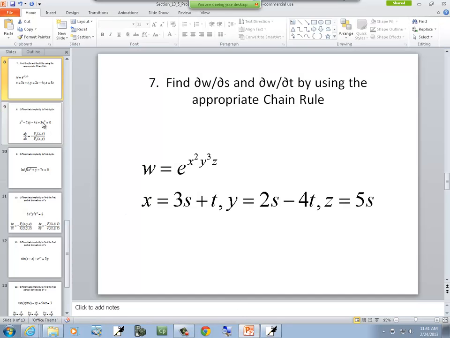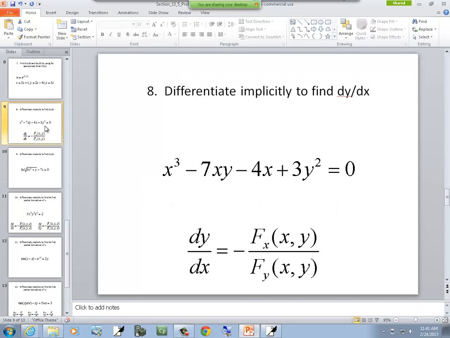And let's look at our next problem. This shows how to differentiate implicitly.